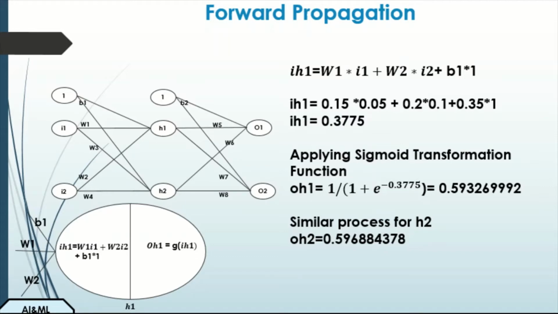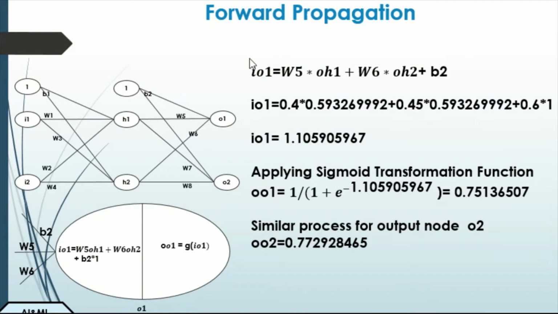So moving to the next layer of the forward propagation, we now compute the values coming to node O1 and node O2. If we have to compute the values coming to the node O1, we know that the value coming here will be W5 times the output coming from H1, plus W6 multiplied by the output coming from H2, plus the bias term.